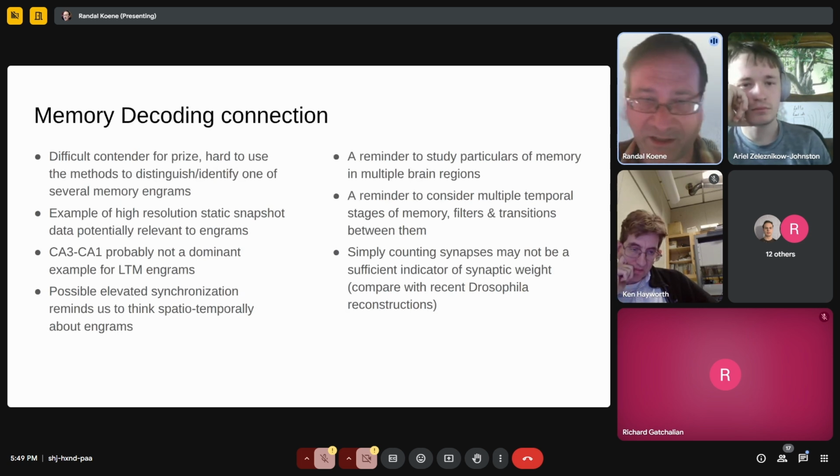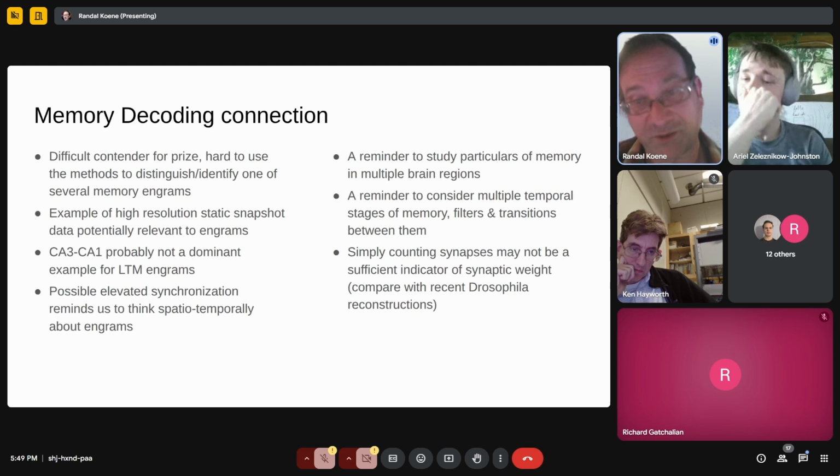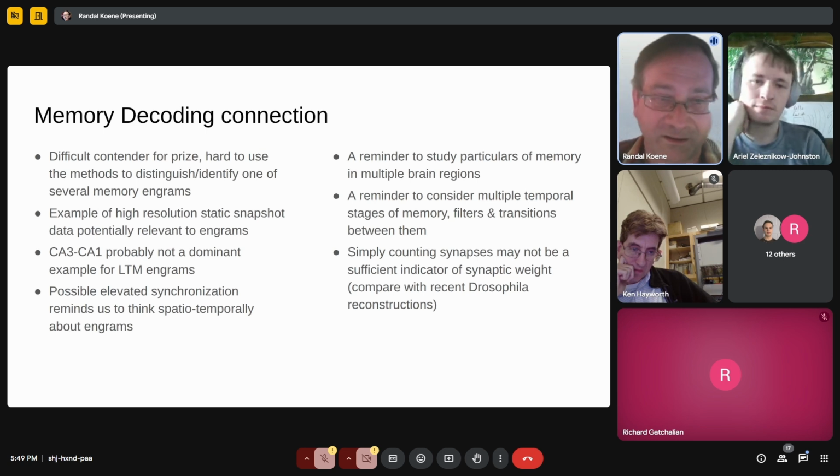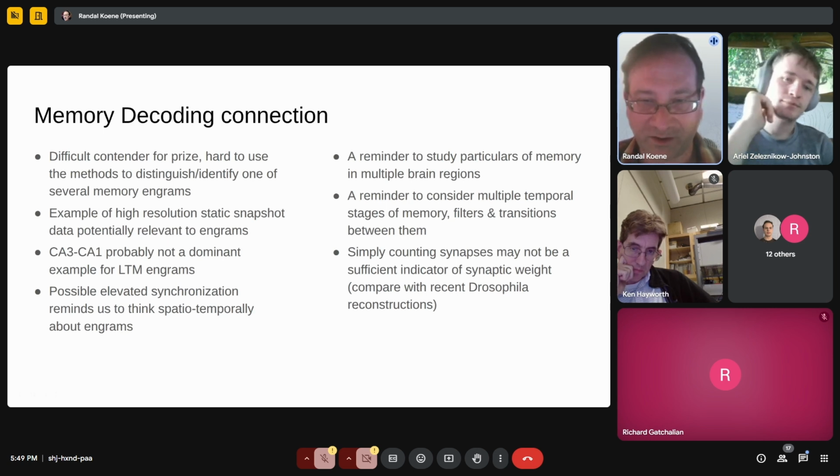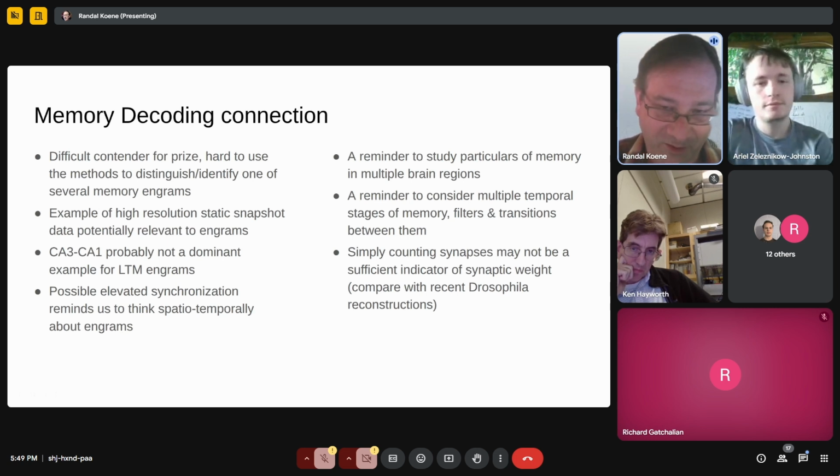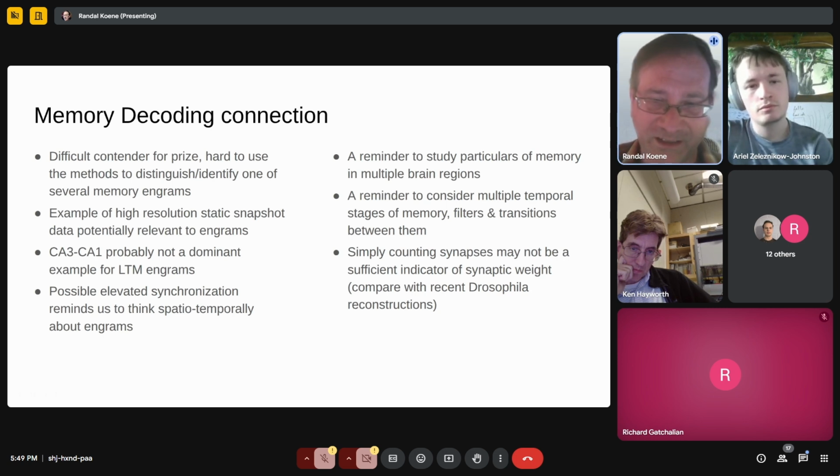And it's a reminder that we need to study particularities of memory in multiple brain regions, because the same study done in neocortex would be another interesting thing to see. It's a reminder to consider different memory systems that apply over time, so transitions from one to another, because of all the different mechanisms involved. We've seen this already in other papers that were presented here, taking into account working memory and such things.